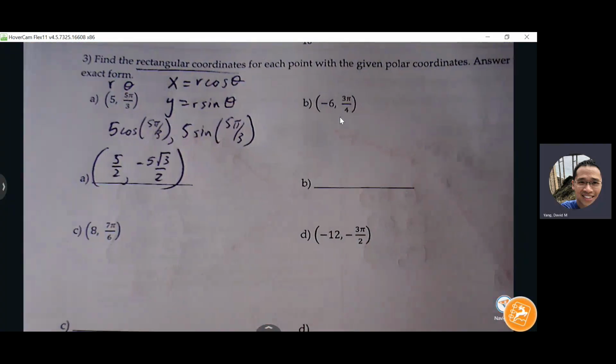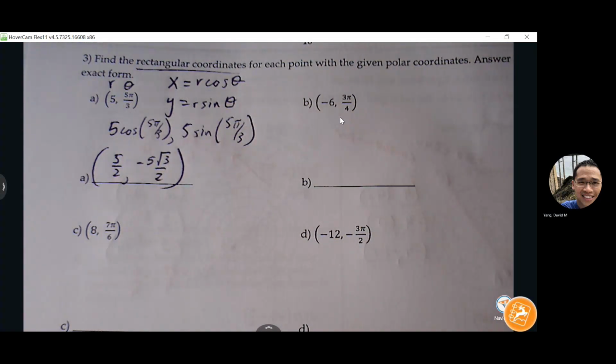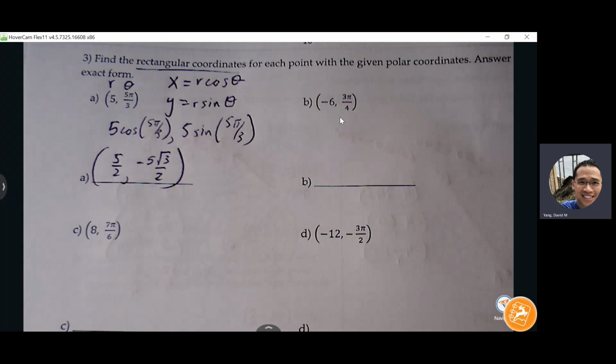Okay, it says exact form, but I'll take decimals as well. Pretty easy, right? Because remember that formula. It's also a carryover from the previous unit. Okay, so I'm going to skip B, C, and D. Have you guys try those on your own. Let's go to number 4.